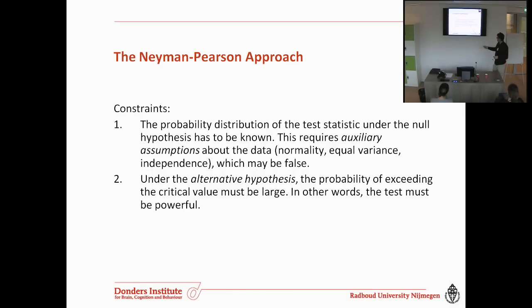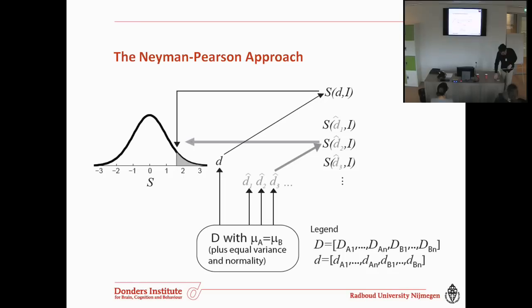We also say that the test must be powerful or must be sensitive. It must have a small type 2 error, so a high sensitivity. For neuroscientific data, that turns out to be an important challenge. I will return to that.